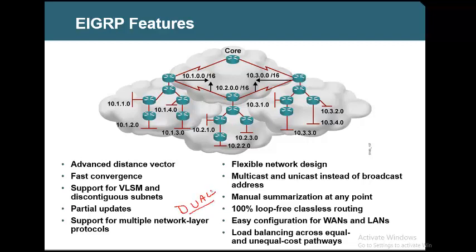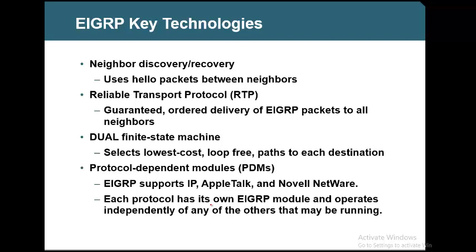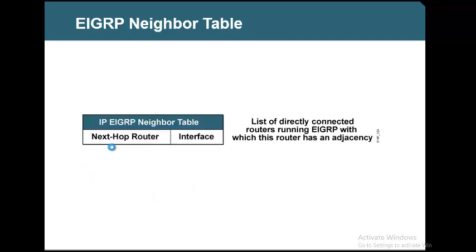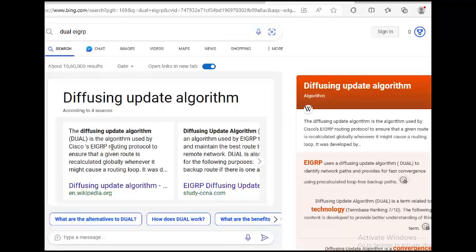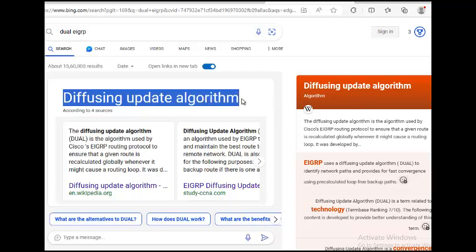DUAL stands for Diffusing Update Algorithm. Let me show you. They have not given the abbreviation there. Diffusing Update Algorithm. Yeah.